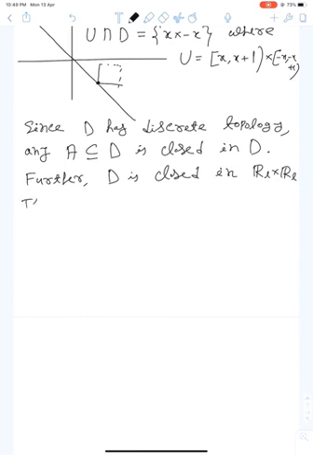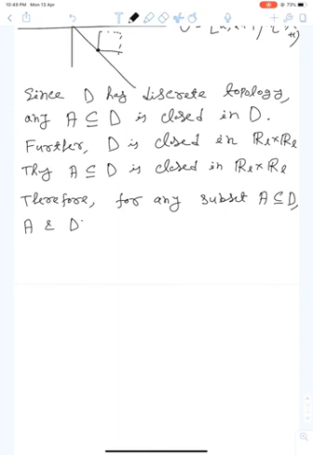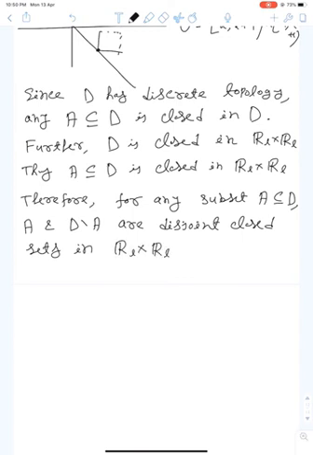Therefore, a subset of D is closed in RL cross RL, and this is true for any subset of D. Therefore, we can say for any subset A of D, A and D minus A both are subsets of D, are disjoint closed sets in RL cross RL, right?